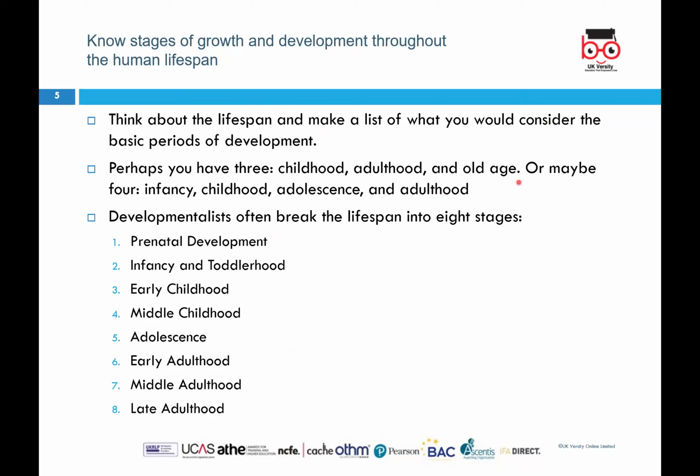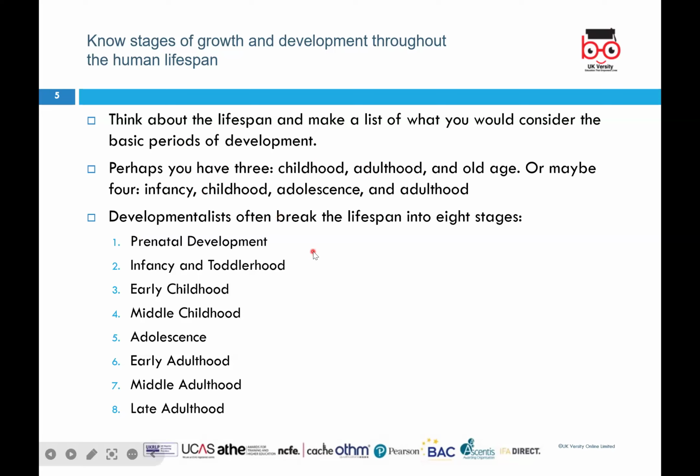Sometimes people divide them into four stages: infancy, childhood, adolescence, and adulthood. Some people, or researchers, have it as three stages, and some as four stages: infancy, childhood, adolescence, and adulthood.